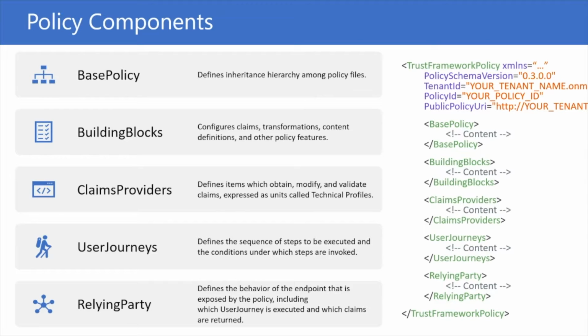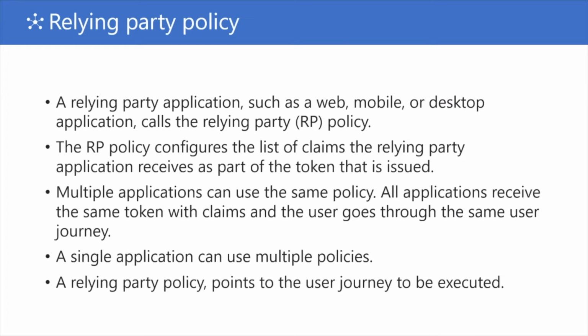The user journey section defines the sequence of steps that are to be executed and the conditions under which these steps are invoked or sometimes skipped, but basically determines the technical profiles in the claims providers that refer to the building blocks that your policies are built on. And the last section is the relying party section. That defines the behavior of the endpoint that is exposed by the policy that applications call into. That establishes which user journey gets executed, what claims are returned, and some of the other behavioral elements of those endpoints.